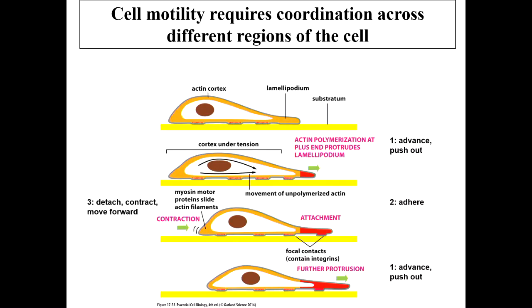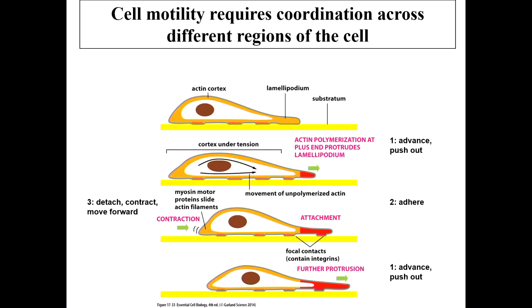If you remember those toys that you can throw and they stick to something, I think I used this analogy once before, those are kind of what your lamellipodia look like, and they're extensions of the cell. And we'll come back to that in a second. Substratum is just a fancy word for what the cell is on top of, the substrate that it's on top of. So if you see that, that's what that is. So this cortex is pretty much always under tension.